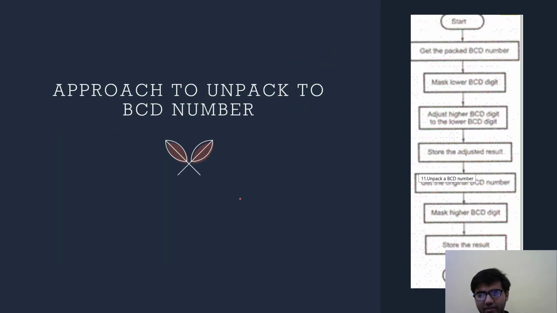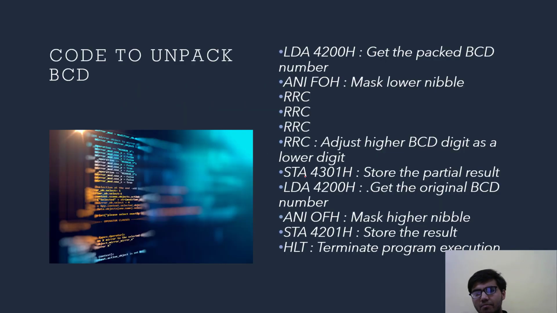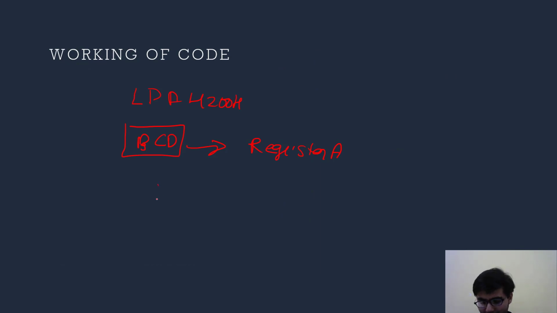The second step in the flowchart was to mask the lower BCD number. How I'm masking it is with a direct AND with 11110000, that is what F0H would represent. Then I'm doing a right shift 4 times.